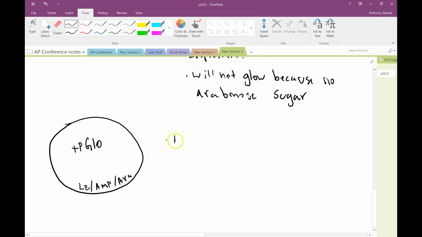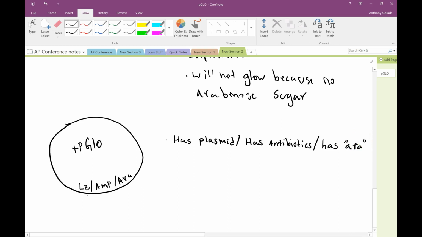So it has plasmid, has antibiotics, and has sugar. I'm going to put ARA for sugar.